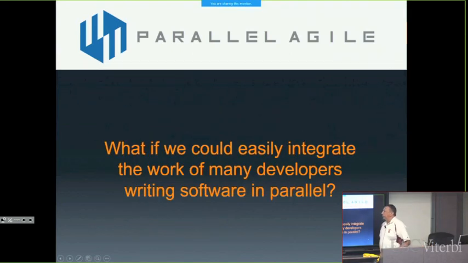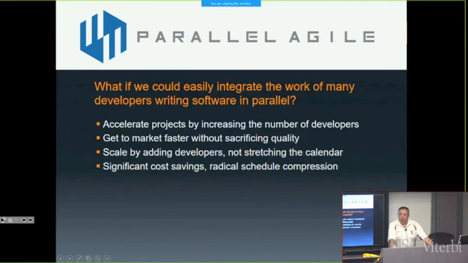The central question here is that it's widely thought to be impossible to easily integrate the work of a whole bunch of developers working in parallel. But what if we could do that? What would the implications be? The implications are, number one, we can accelerate projects by increasing the number of developers.